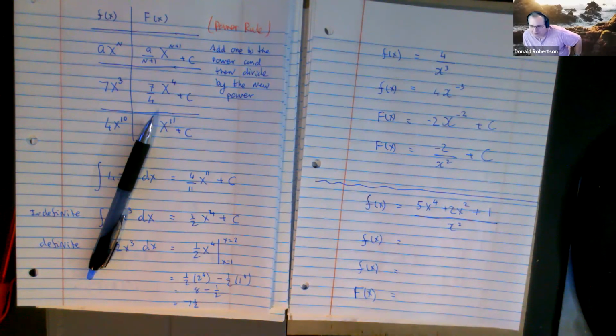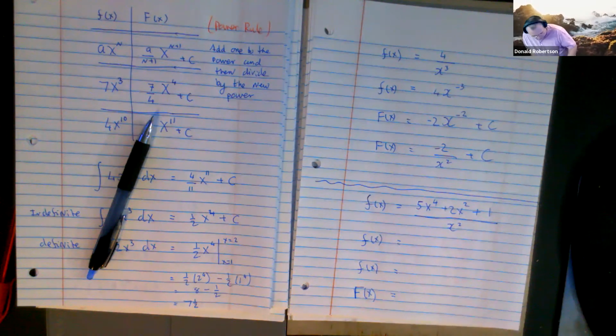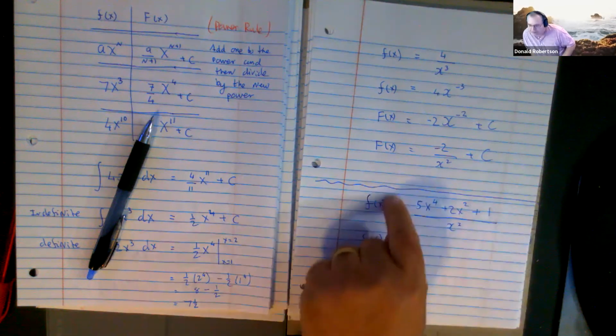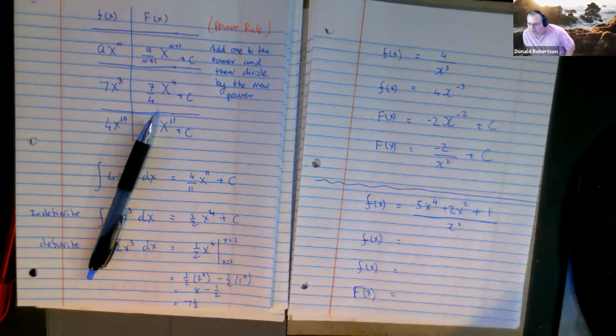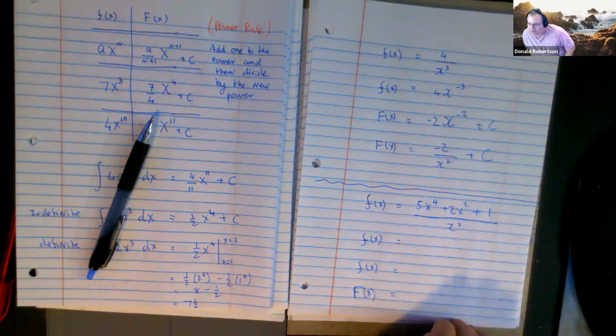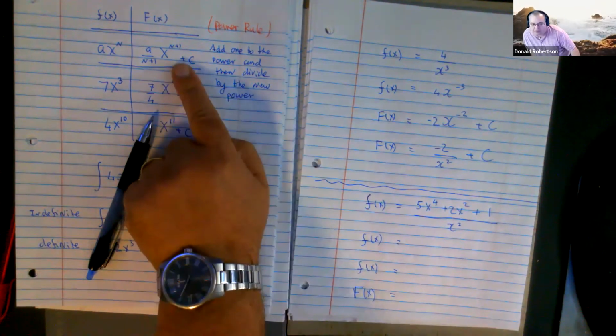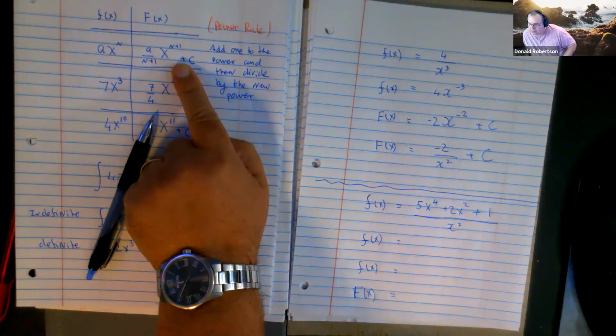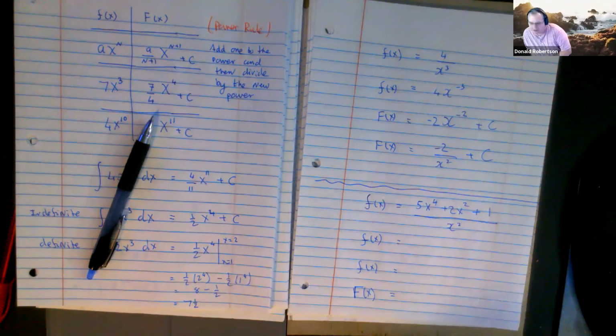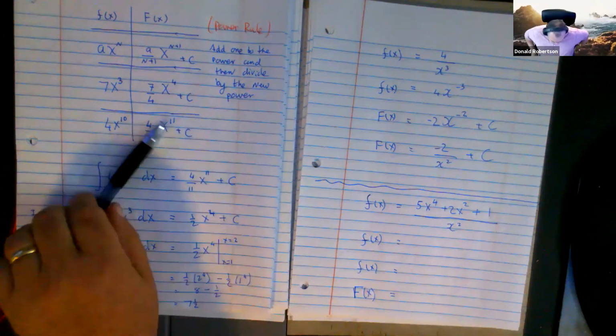Okay, now Matthew's going to talk us through this one, but before I ask him, when you look at this question, do you realize that the power rule is just not going to happen in the form that it's in? For the power rule to happen, don't you need to have single individual powers of x? So that would have been my motivation to make it happen. So if you could tell us, what did you do first then, Matthew?